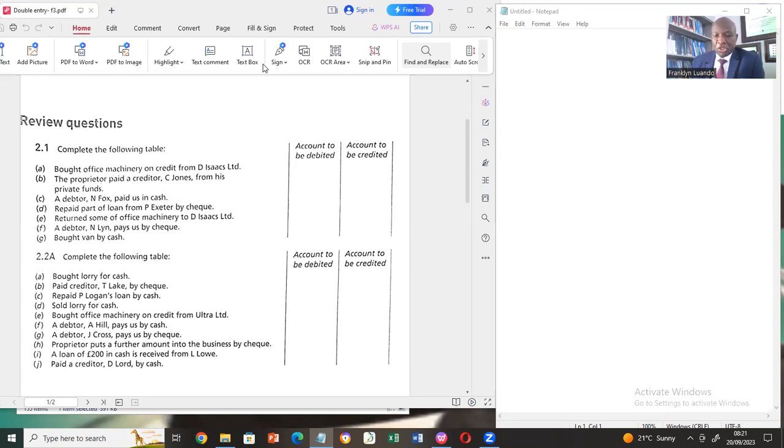The focus will be on the types of transactions, and that will be the cash transactions, credit transactions. I'll also look at the common terms used in accounting. We'll also look at the double entry concept or the dual concept.